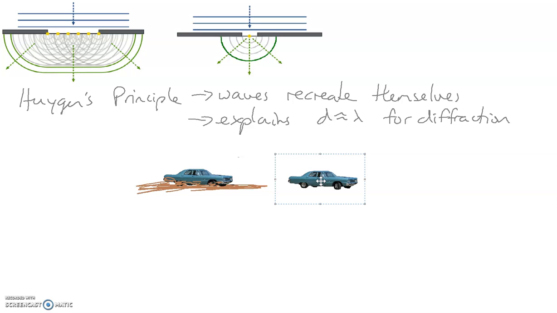It would only be muddy while it's in the mud. Now, this may seem really stupid, but this is exactly what light does when it travels through materials. Before, it was clean because it's on the clean road. In the mud, it's muddy because it's in the mud. On the other side, it's clean because it's on clean road again. Again, it may seem really stupid, but this is exactly what light does when it goes through material.